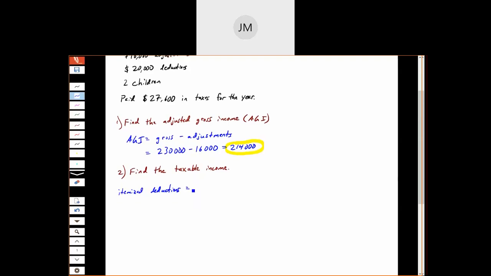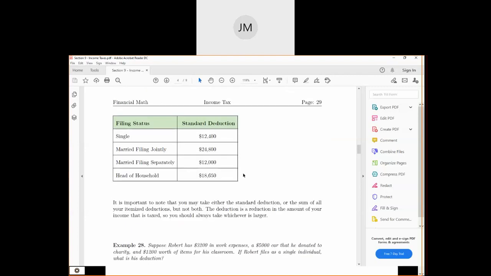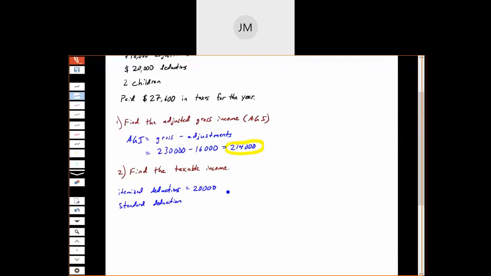It said in the problem that their itemized deductions are worth $20,000, and the standard deduction, we go back to our notes and say, for a married couple, the standard deduction is $24,800. Because the standard deduction is higher, we use that.